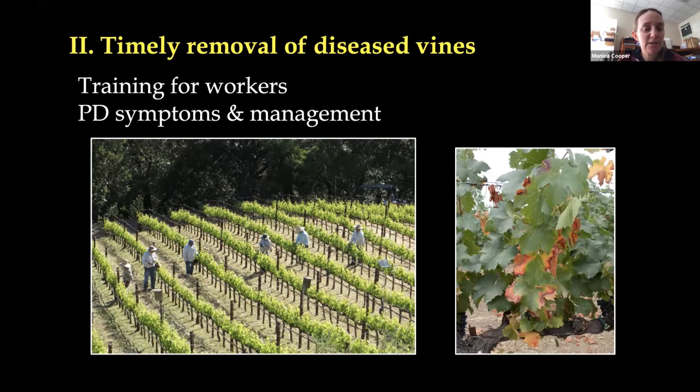But if that actually is PD, we need to communicate with them that no, we don't need to try to recover those vines. What we need to do is mark those vines and get them out of the vineyard. So particularly in areas where you know that you have PD, it's really important that your workforce is aware and can take the appropriate actions. A robust training program on PD symptoms and management for our workforce would help a lot with timely removal of these diseased vines.